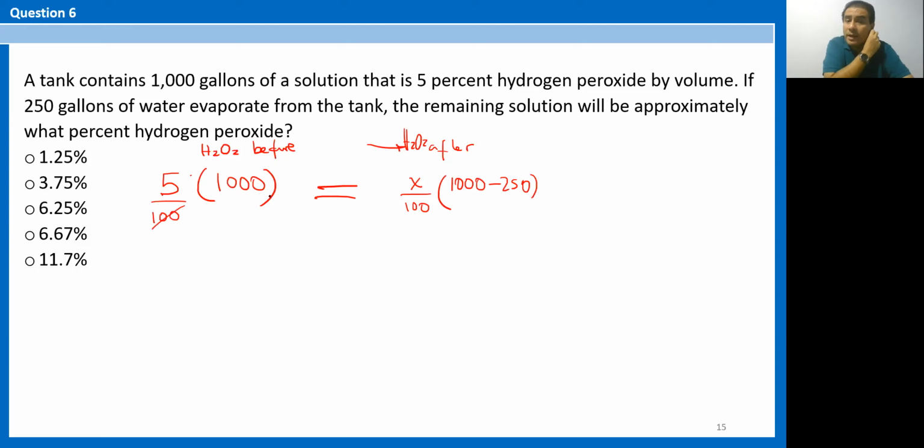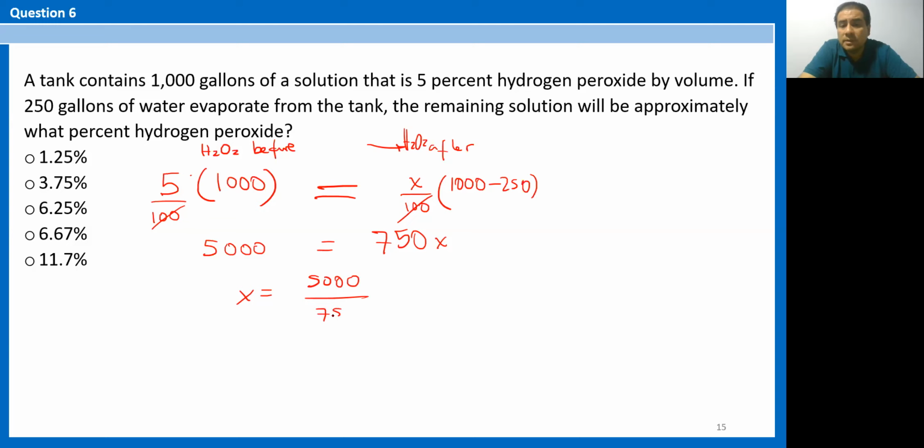Now, take a look. 100 and 100 go away. You have 5,000 equals 1,000x minus 250x, which is 750x. So if we do the division, x is 5,000 over 750.